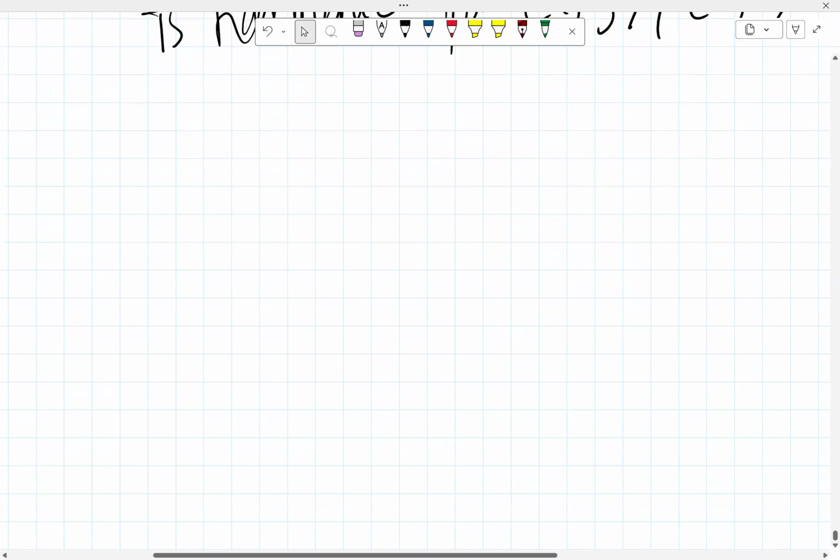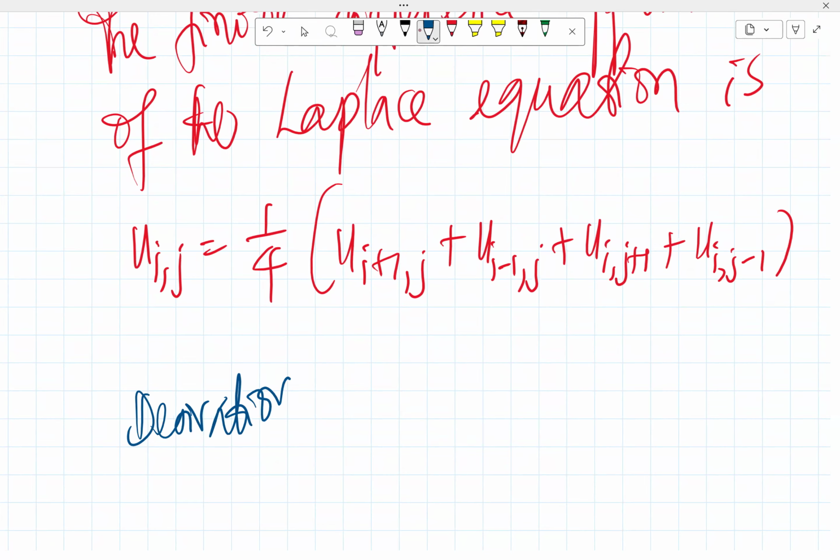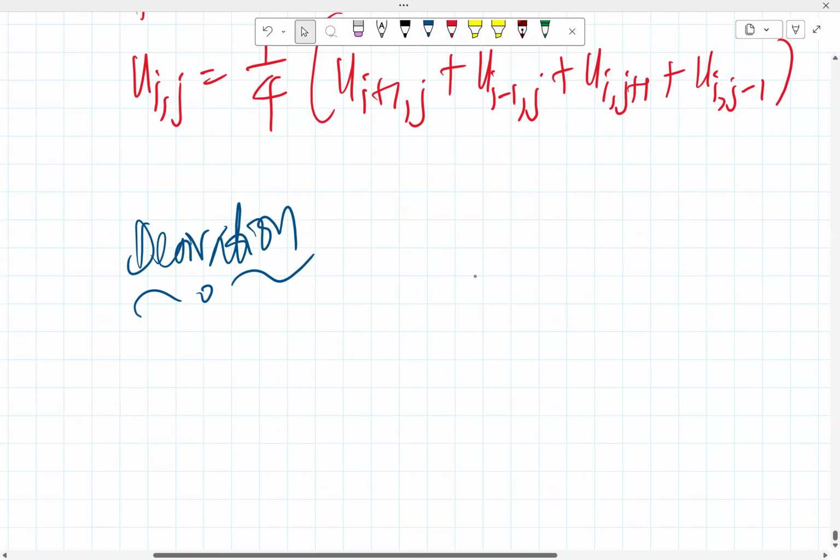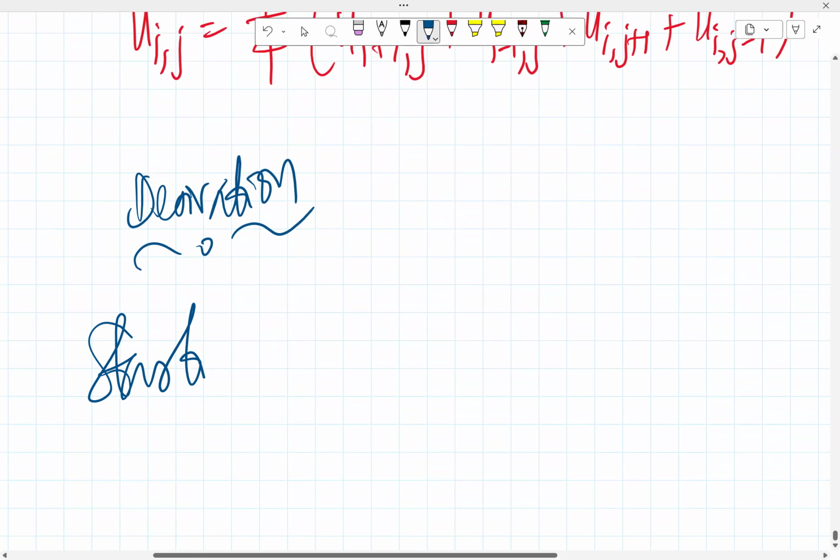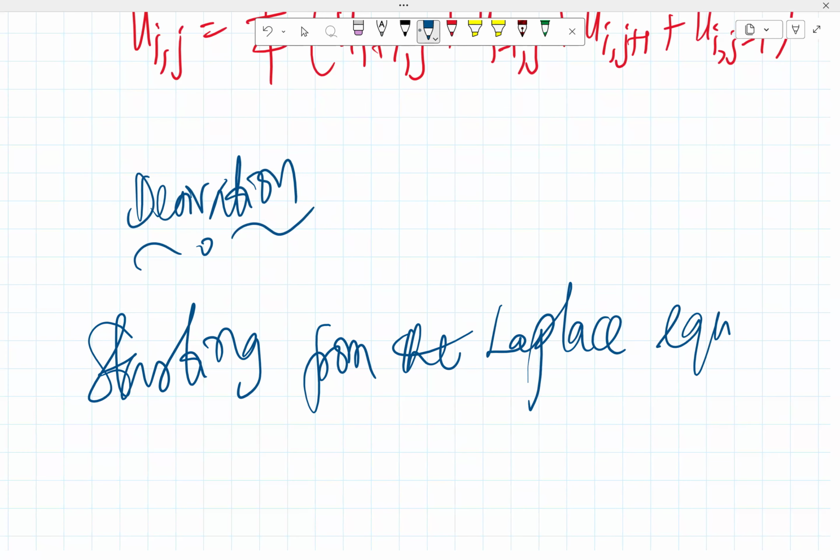So we go for the derivation. Starting from the Laplace equation in 2 dimensions, we have partial squared u, partial x squared plus partial squared u, partial y squared equals 0. That's the starting point.